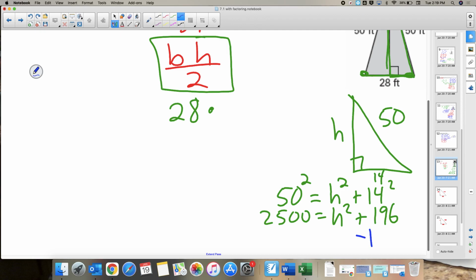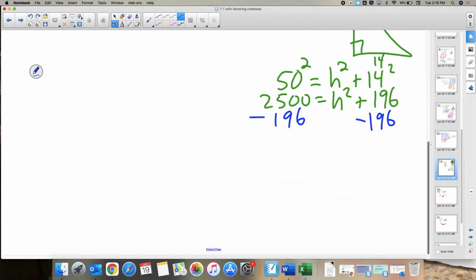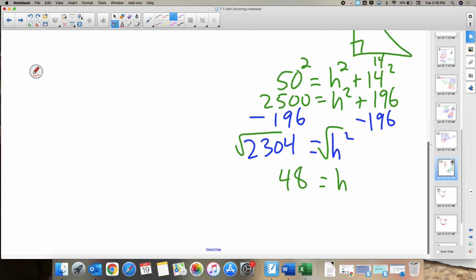We'll bring our 196 over. We get h squared equals 2,304. So then we take the square root of each side. We get h to equal 48.